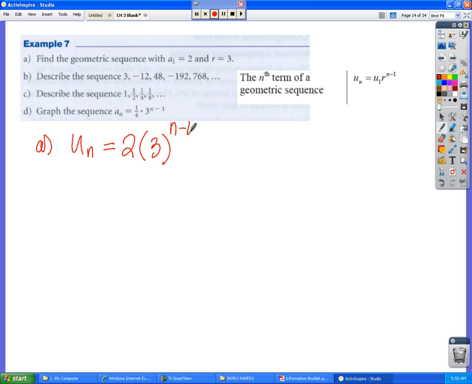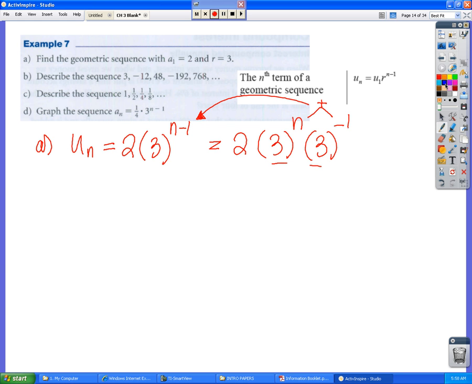Other thing that's really interesting is sometimes you'll see that the exponent is only n. The way that happens is 2 times 3 to the n times 3 to the negative 1 is actually the same thing as n minus 1. These have the same base, so I could essentially add the powers and simplify backwards to get this. That's what you're a little bit more used to.